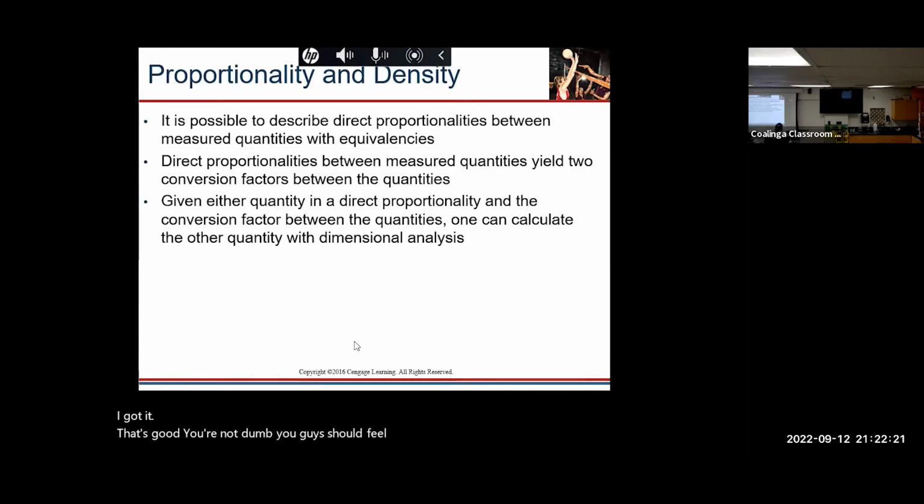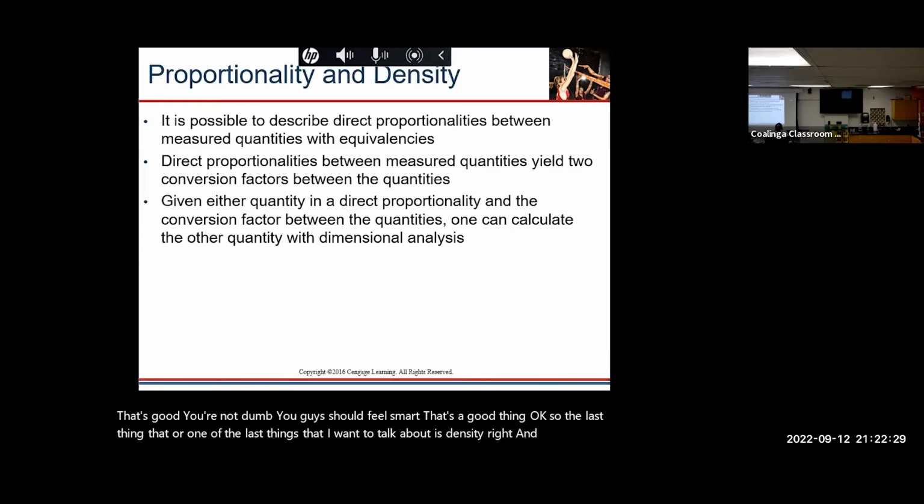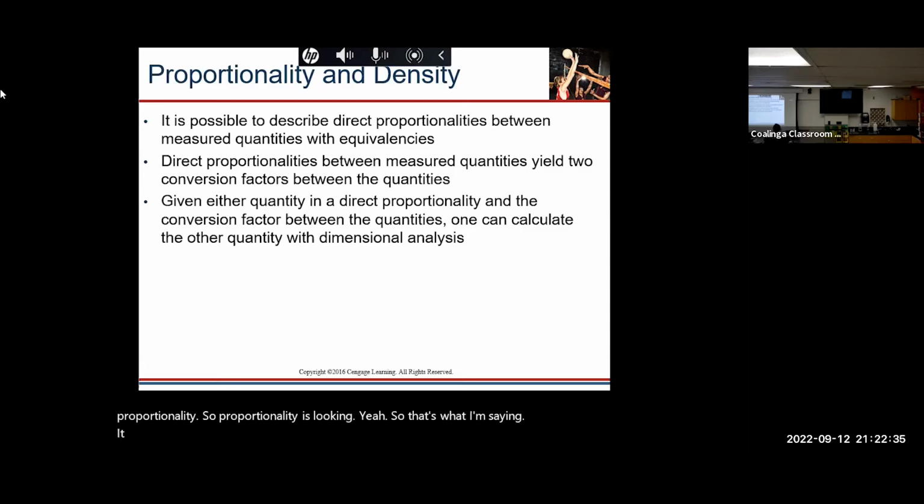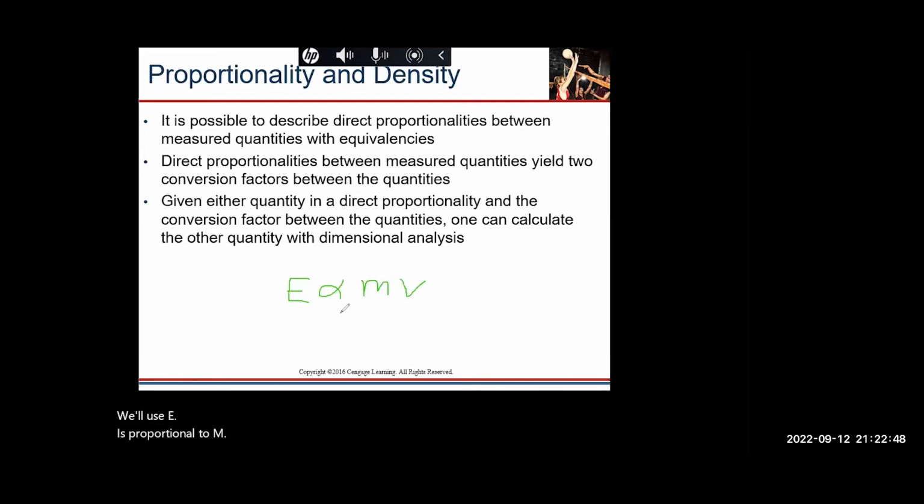That's a good thing. Okay, so the last thing or one of the last things I want to talk about is density, right? And proportionality. So proportionality is looking, that's the best way to say it. Write something down. E is proportional to M v squared.